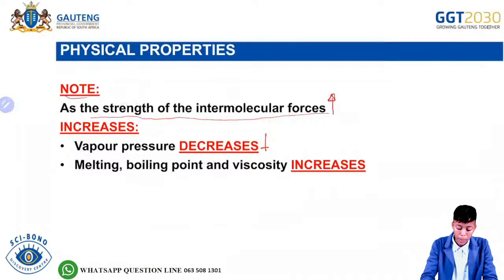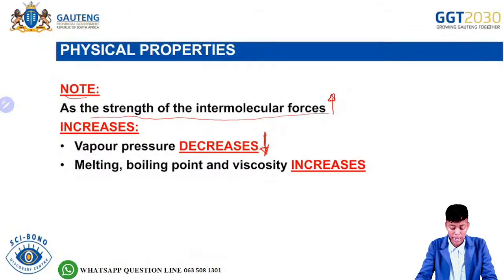The vapor pressure decreases. And what is going to happen to the melting point, boiling point, and the viscosity? They are going to increase.